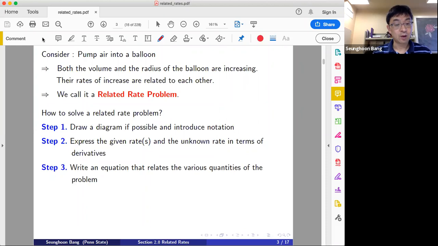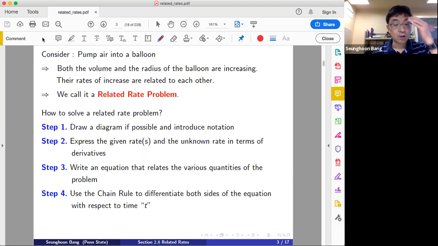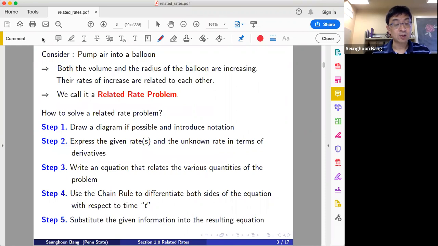Step 3, write an equation that relates the various quantities of the problem. Step 4, use the chain rule to differentiate both sides of the equation with respect to time t. The last step, substitute the given information into the resulting equation and solve for the unknown rate.